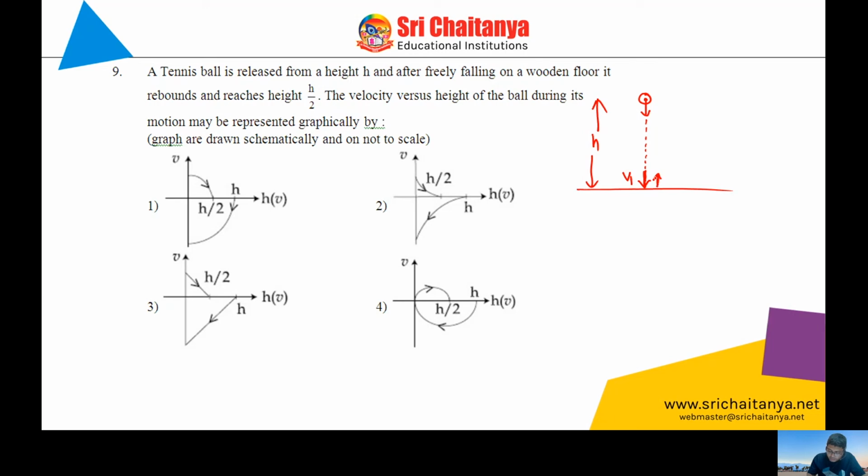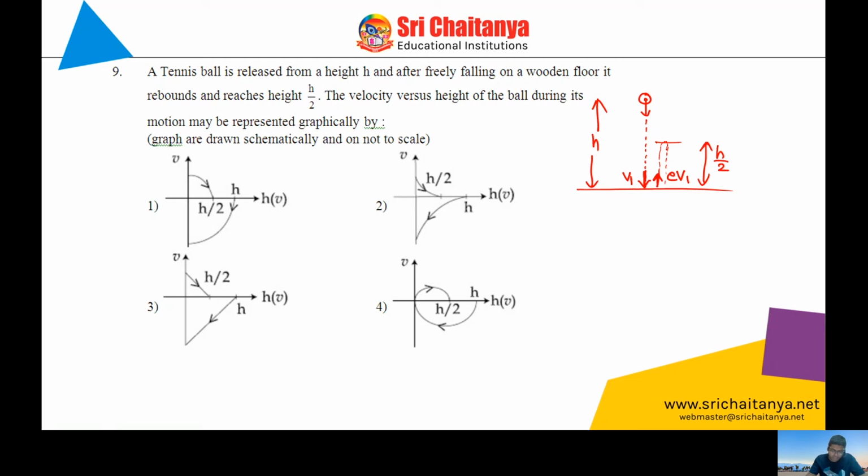There will be some coefficient of restitution, so it will rebound with, let's say, e v1. So e is less than 1, so it will not get raised to the same height it was dropped from. So this height has been given to you as h by 2 here. So that is the idea.